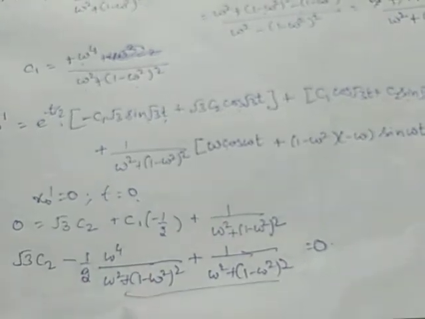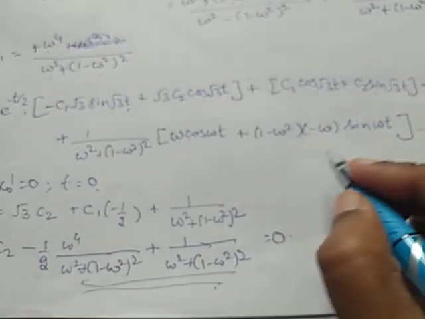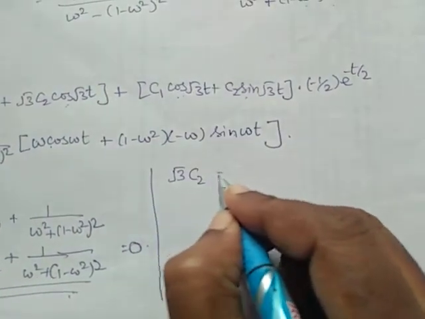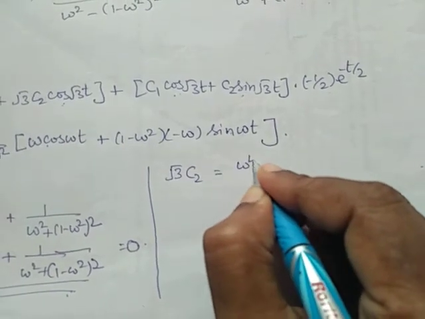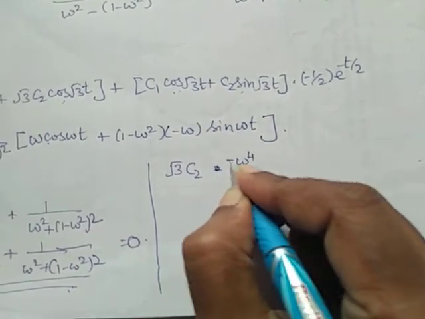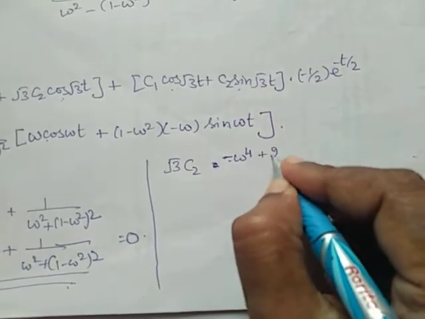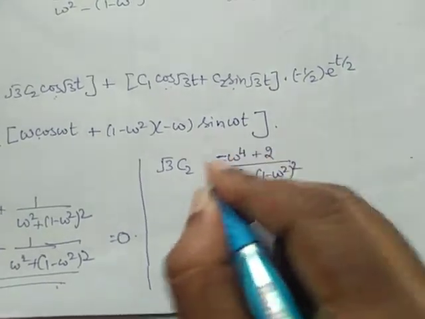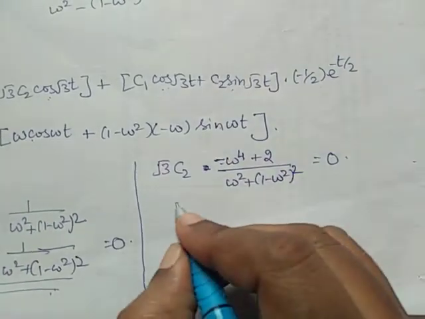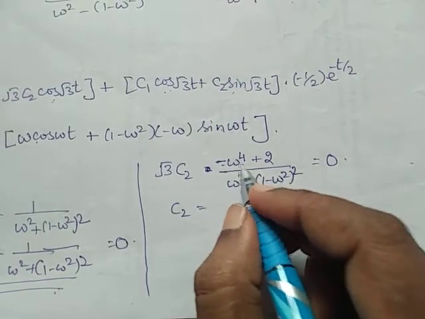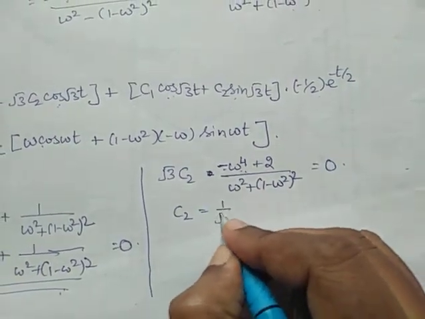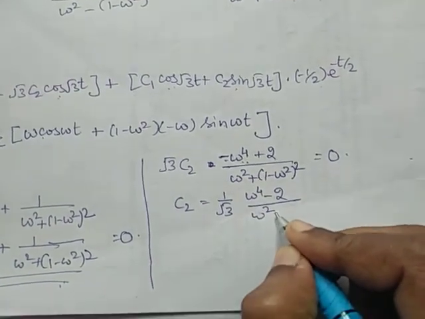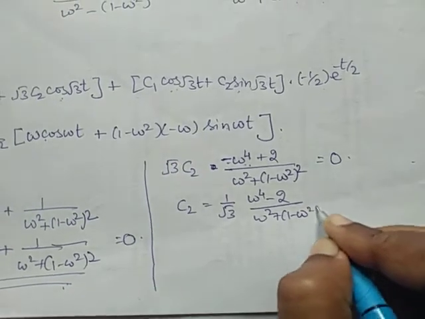So we will group these two terms, or we will take LCM and simplify. We will get root 3 C2 is equal to (omega power 4 minus omega power 4 plus 2) whole divided by (omega square plus 1 minus omega square) whole square. Just taking LCM here. So what is our C2? If we shift this to RHS, it will become 1 by root 3 (omega power 4 minus 2) whole divided by (omega square plus 1 minus omega square) whole square.